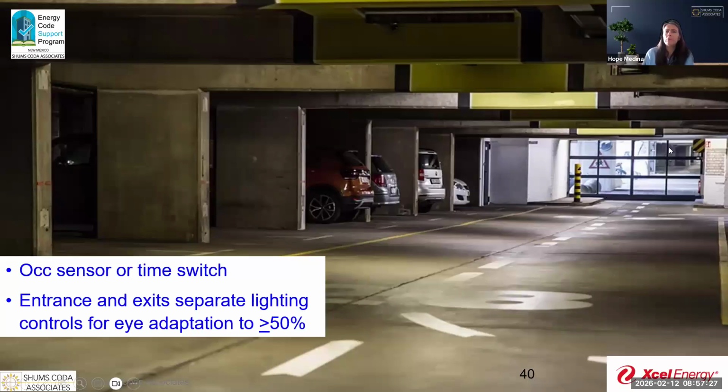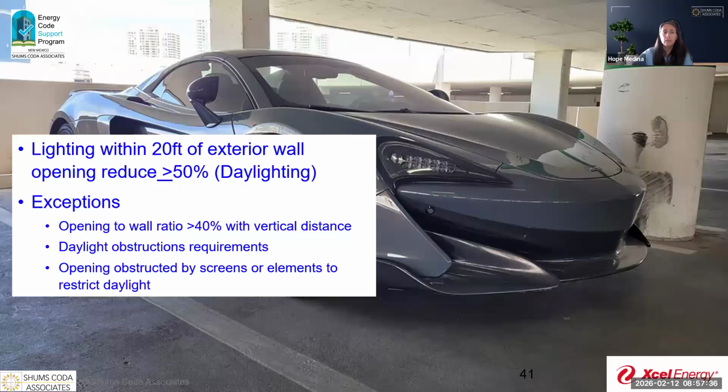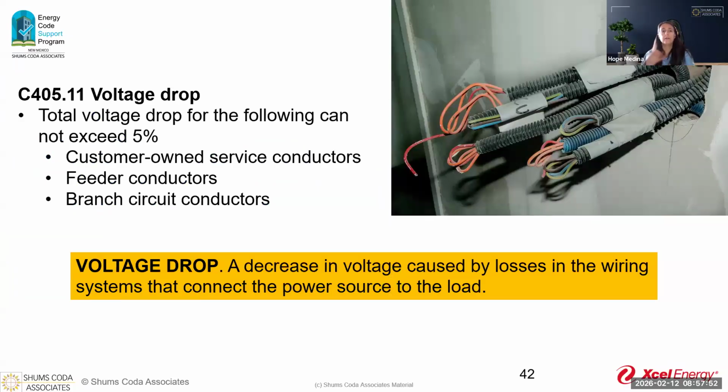And again, here's where we're dealing with an entrance and how the lighting is being reduced enough so that we aren't shocking all of us. And then here's an example. You can see how much daylight is coming through and why they're requiring that daylight be a conversation that needs to be had when we have this type of parking garage.